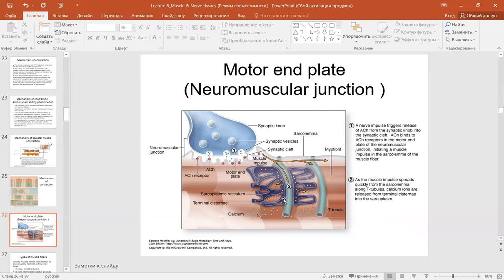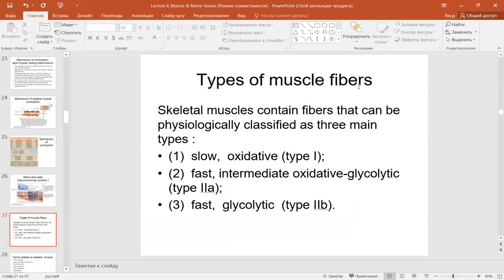This is leading to release of the calcium ions from the sarcoplasmic reticulum cisterns, and then, in the presence of the calcium ions and ATP molecules, the sliding phenomenon occurs and the sarcomere is shortening, causing the shortening of the whole muscle subsequently.